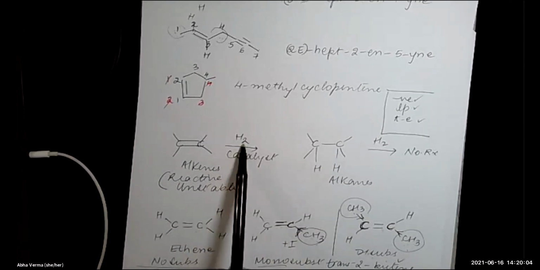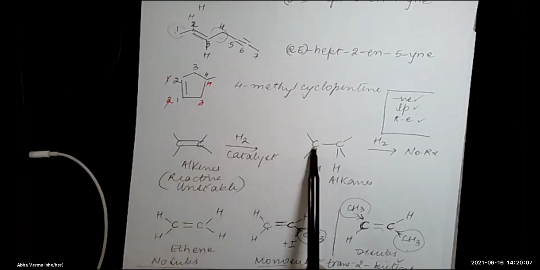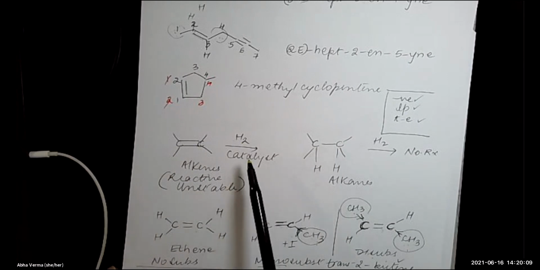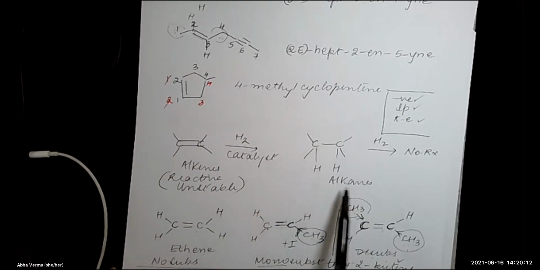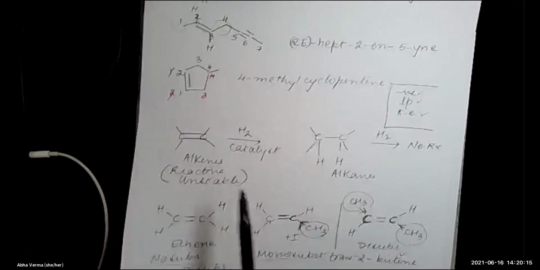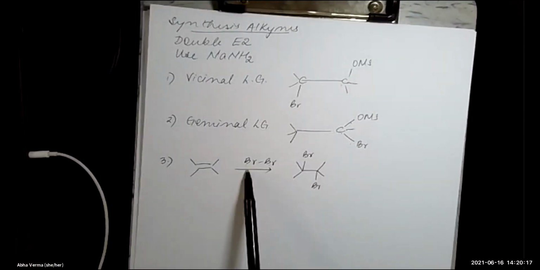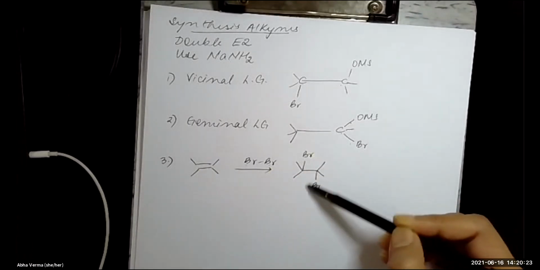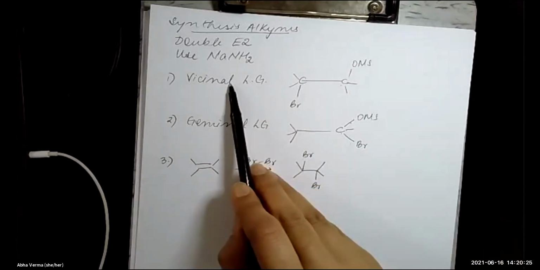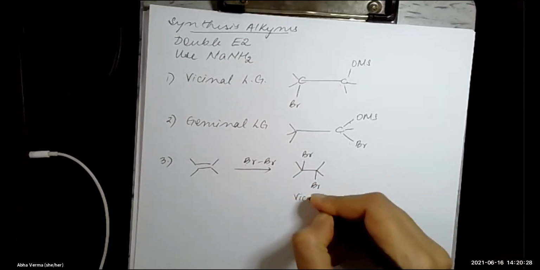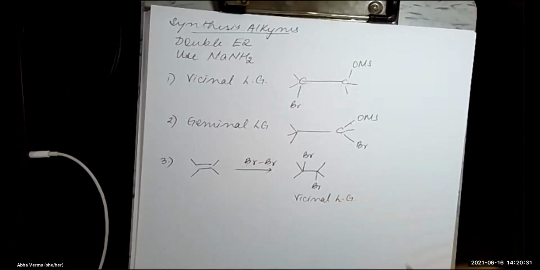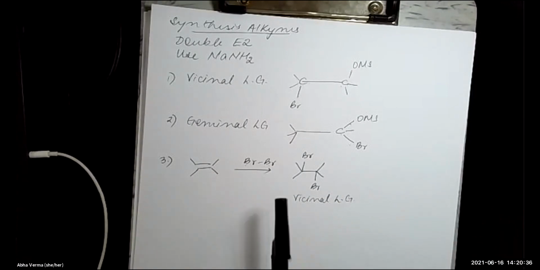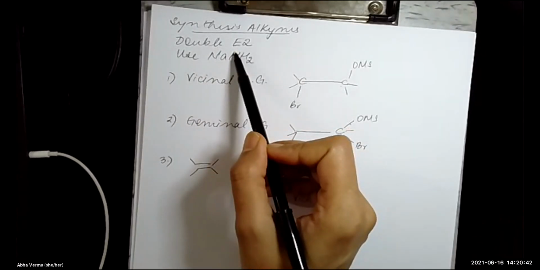Why is that? Because the hydrogen can add across these carbons in the presence of a catalyst. Alkanes are more stable, alkenes are less stable. In the same way, we can add our halogens across the carbons. Once you add these, what have you generated? You have generated your vicinal leaving groups. So when you're looking at the alkyne formation, you have to look at double E2 methods.